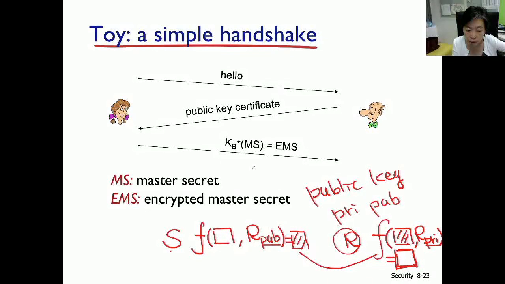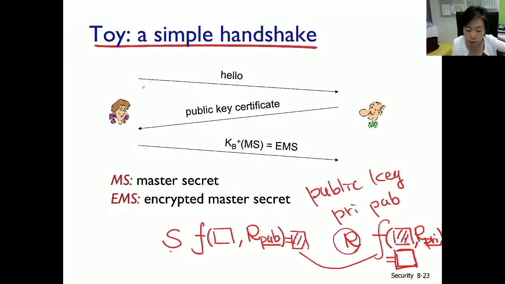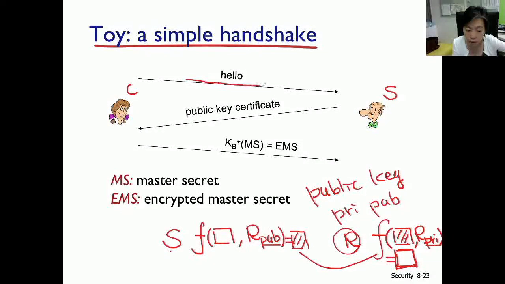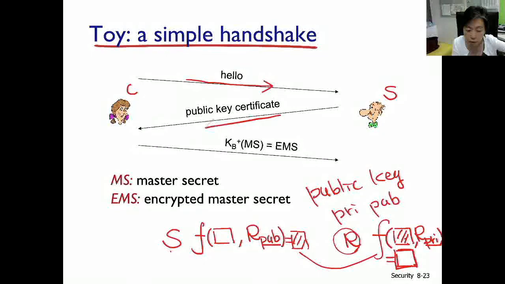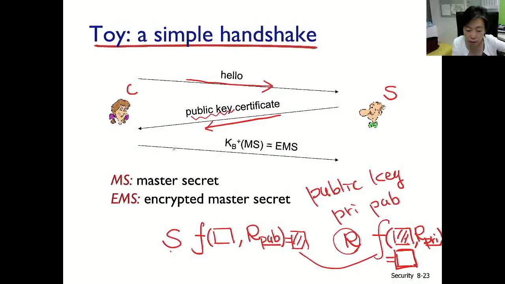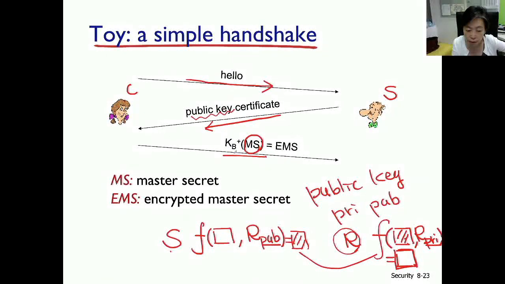So TLS, illustrated up here, works this way. Alice here is a client requesting service from Bob here, a server. The client first sends a hello message to the server. The server in response sends the server's public key. Alice can then encrypt the shared secret that has been generated before using Bob's public key.